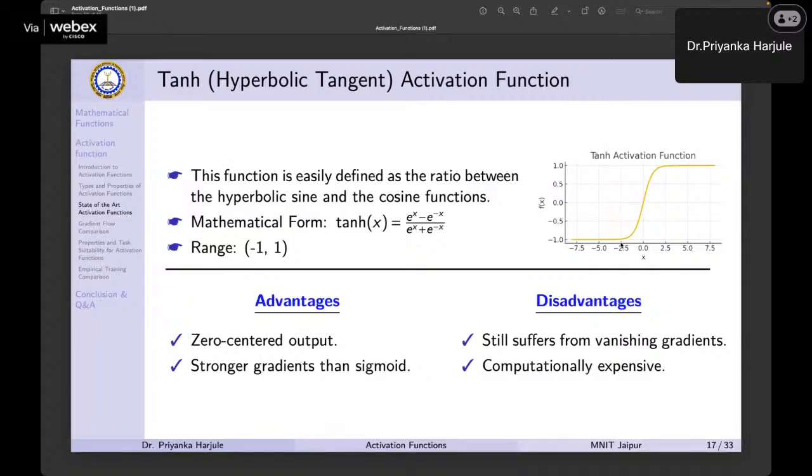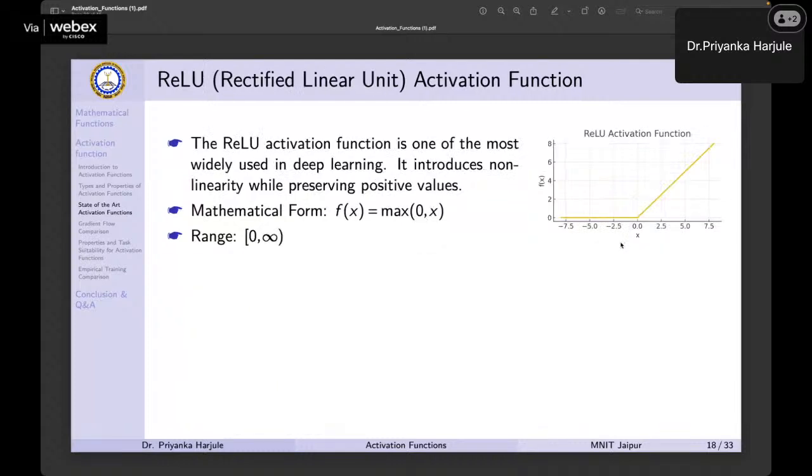Okay, so to overcome this, there is another activation function which is widely used in deep learning today in the hidden layers, the rectified linear unit, that is the ReLU, which is given by f of x equals maximum of 0 comma x.